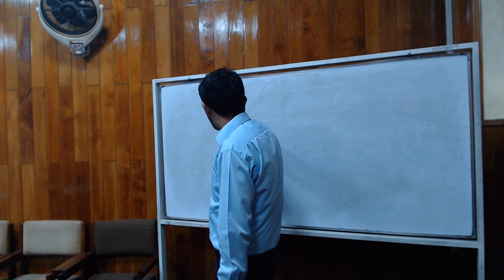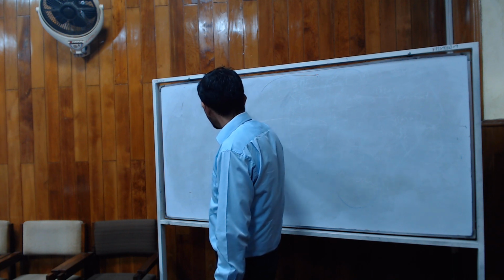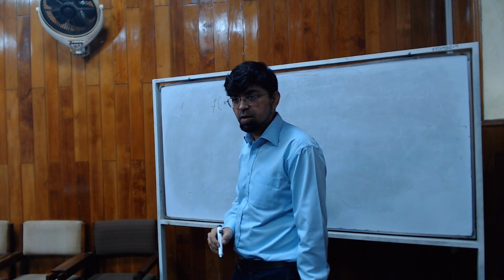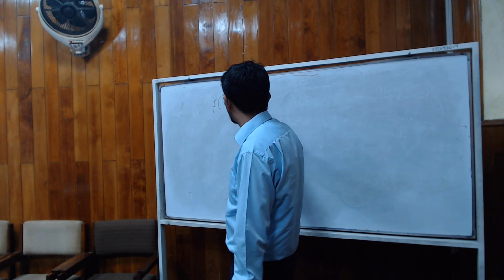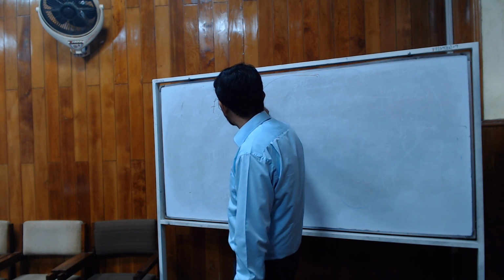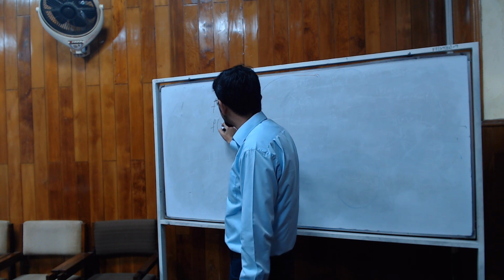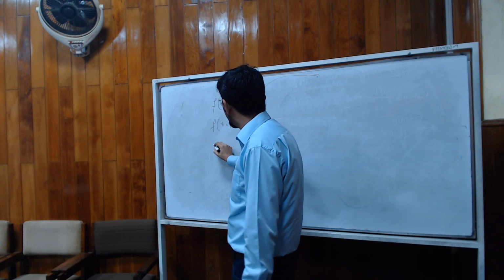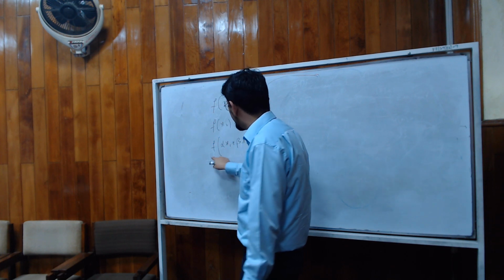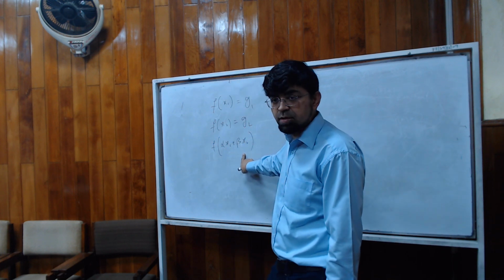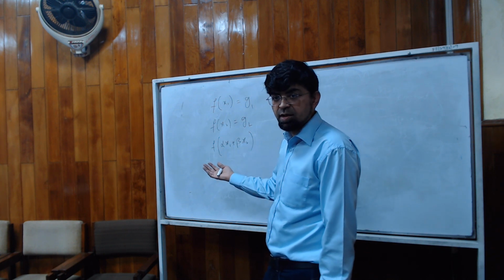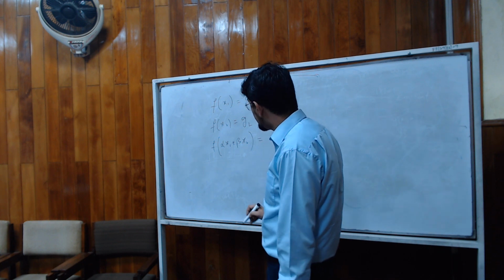It says that if f of x1, let's say, a function operating on x1 is g1, and f of x2 is g2, then f of alpha x1 plus beta x2, the function operating on their scaled sum, यही है ना? इसको हम superposition कहते हैं. If that is equal to what?